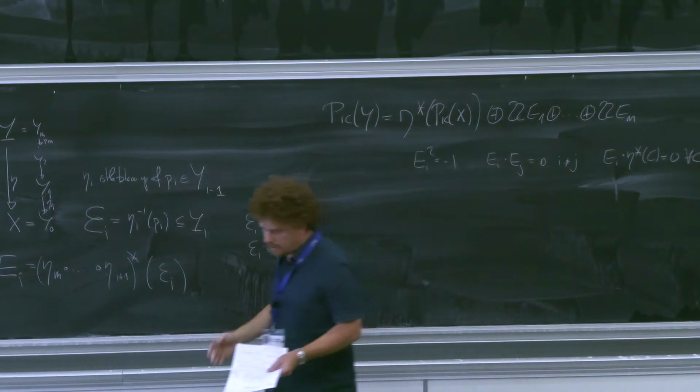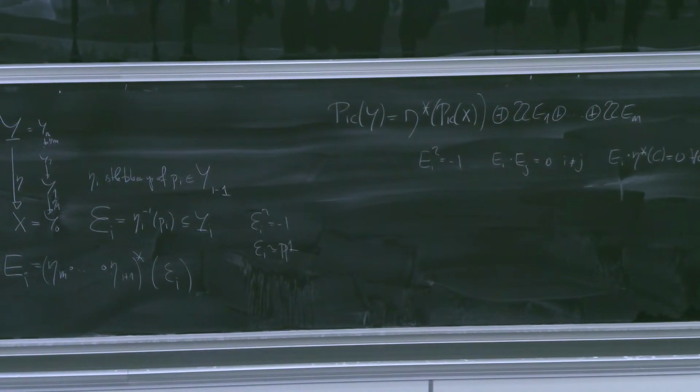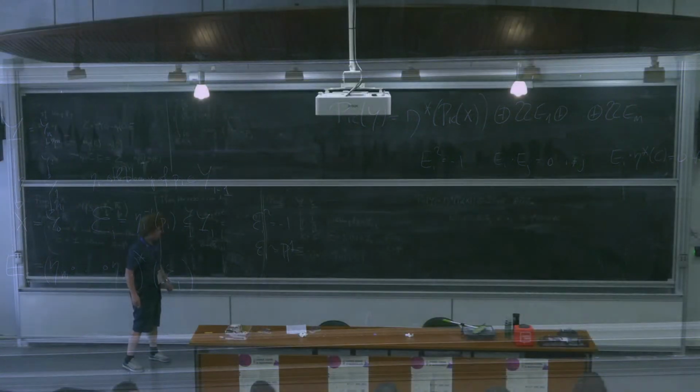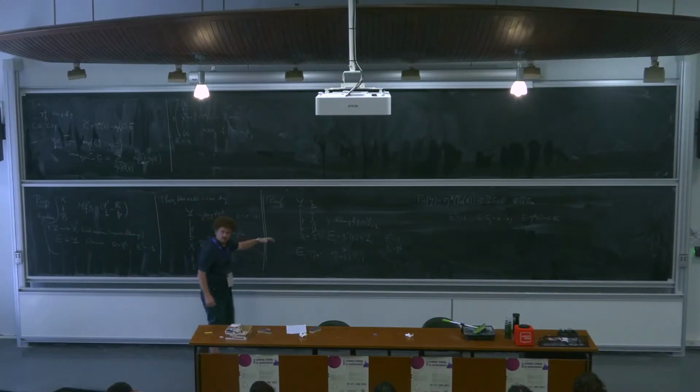Okay, so you have a kind of basis. If you take a basis of x, it's a finitely generated space, so you have Picard rank 2 or 1. You have a nice basis on the top, which comes from what comes below, and the exceptional curves.